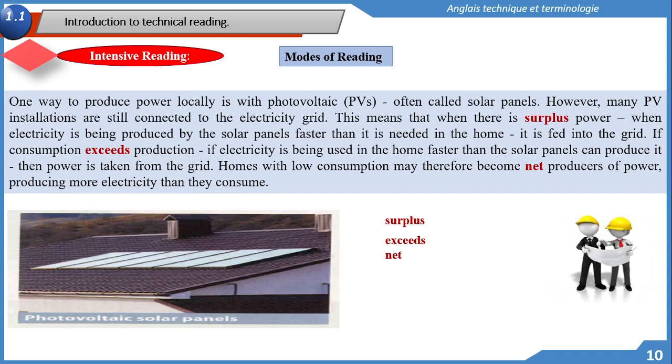Also, you understand the dynamics of surplus power being fed into the grid and power being taken from the grid when consumption exceeds production. You realize that homes with low consumption might become net producers of power.